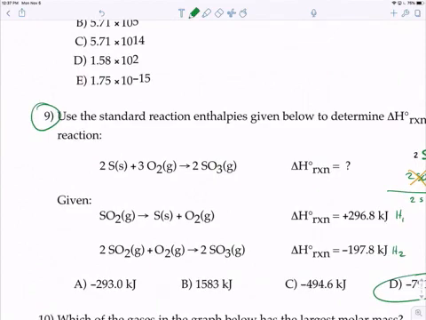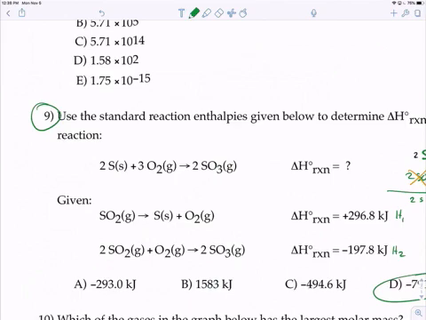So recap with this one. We want to figure out the delta H for this, but we know these two things. So we look at this, and we have to decide which way to put the equations. This first one here, you know you're going to flip it because S solid and O2 gas are reactants and they're products here.